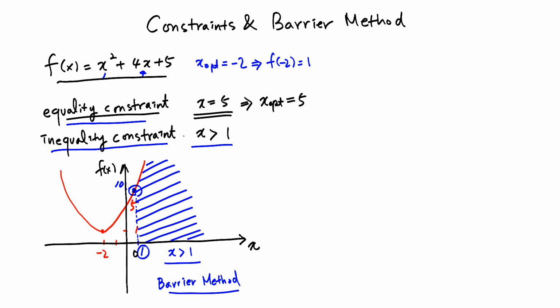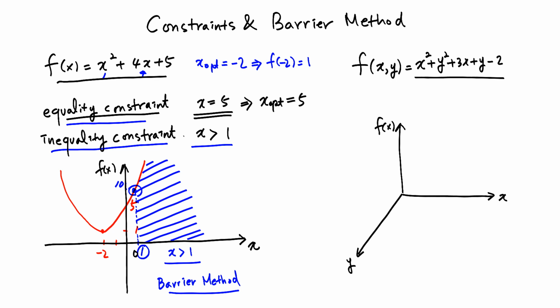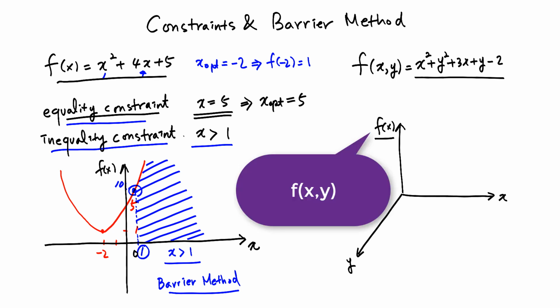Regarding equality constraint, we can think of a different function f of two variables, x and y, and this equation can be plotted in a 3D graph. So here we have function f(x, y), and x here and y here. And this function will be something like this.